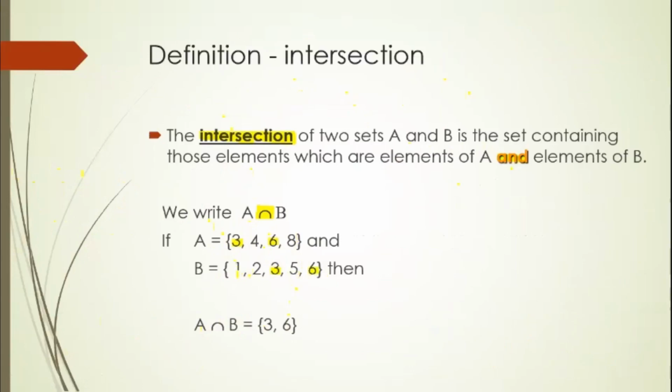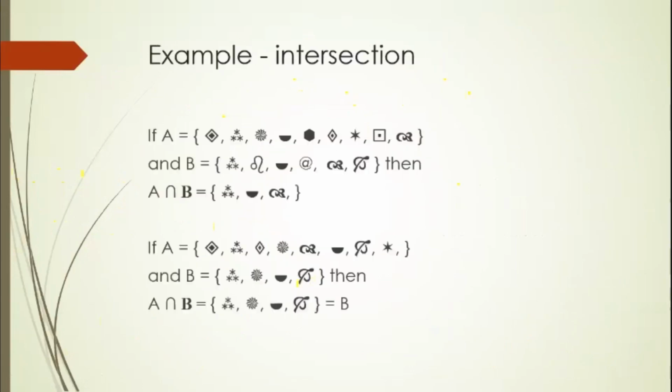The same goes with 1, 2, and 5, which are not seen in this given set. So in other words, common figures, common names, anything that is common to both sets, we can write as their intersection.